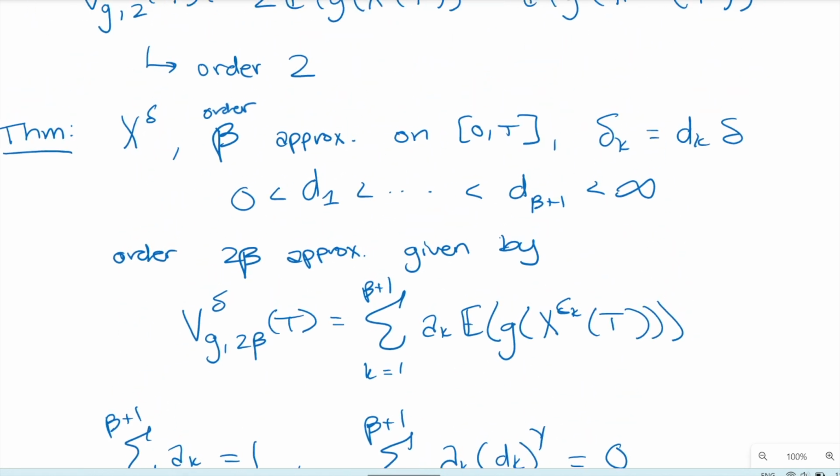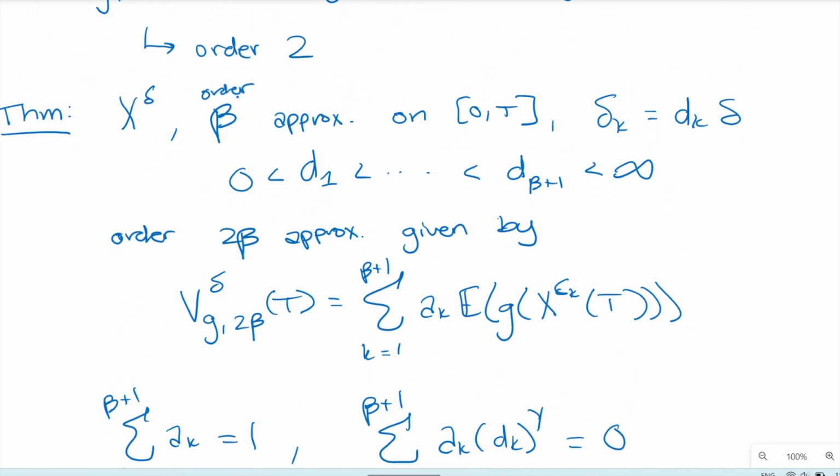So just to go over what this says again, if we have an order beta approximation, we run the simulation beta plus 1 times, and then we can obtain an order 2 beta approximation by taking some sort of weighted average of those approximations on each of those timescales.